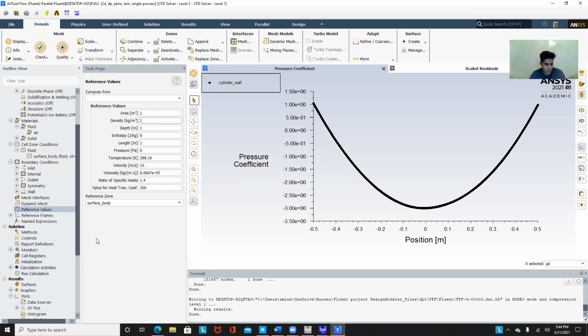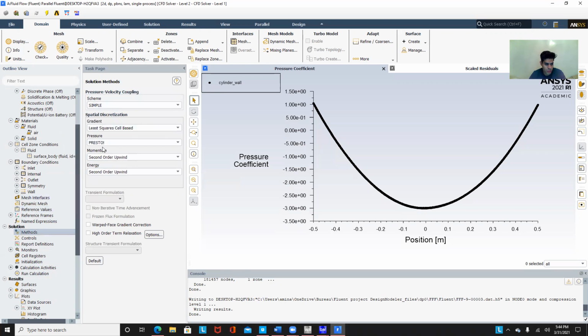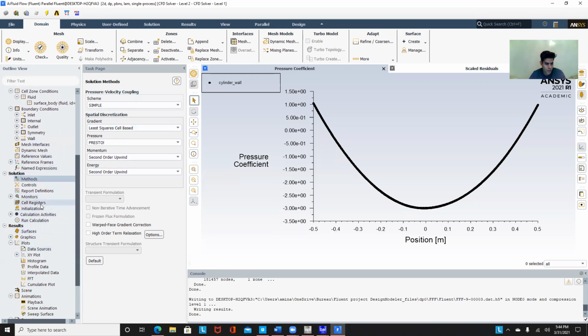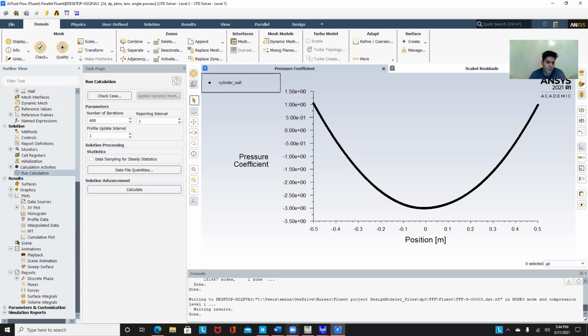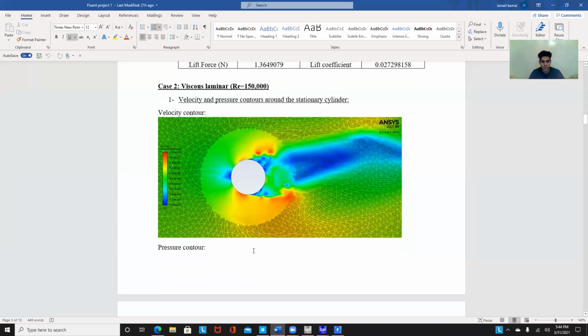Then my methods, make sure it's still the same, and then all I need to do is my initialization and then run my calculation.